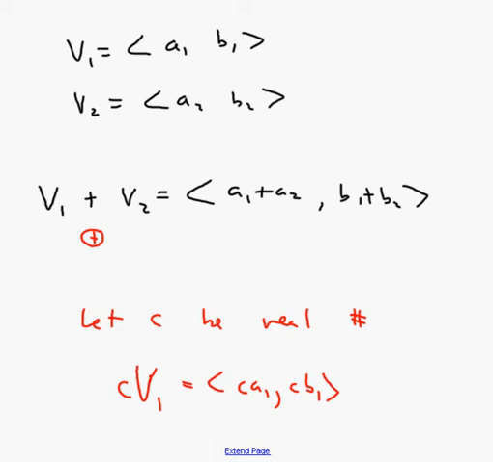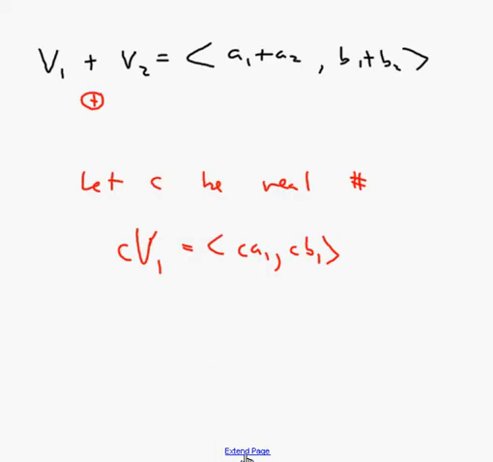And in effect, all that does to your vector is it shrinks or stretches it, or could even change the direction of it. So for example, here's your vector v1, right? And it has components, a component this direction, a1, and a component this direction, b1. If I multiply by c equals 1, I get back the same vector. If I multiply by c equals a half, then I would get this vector. So that vector right there, the blue one, is a half of v1.